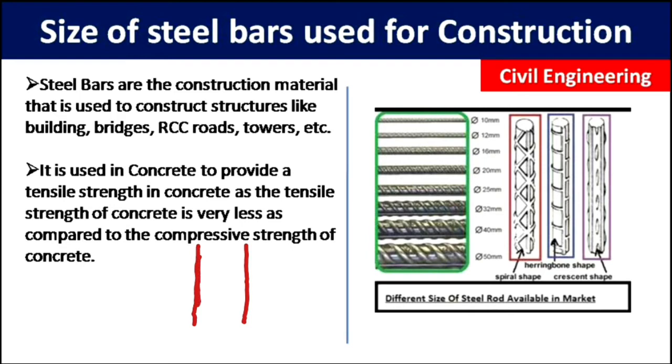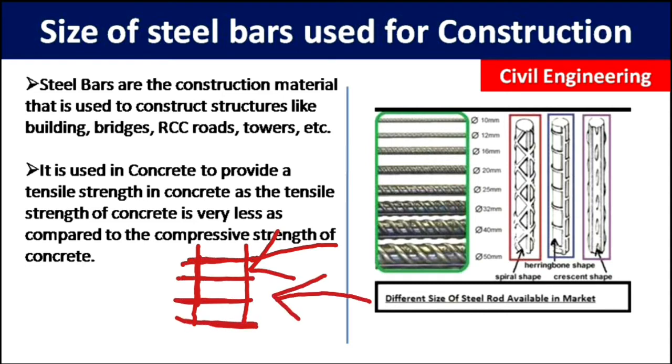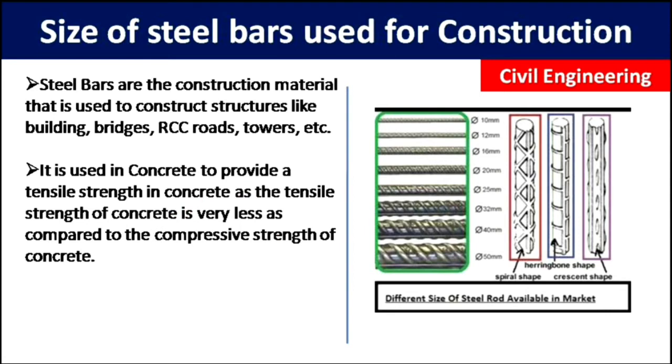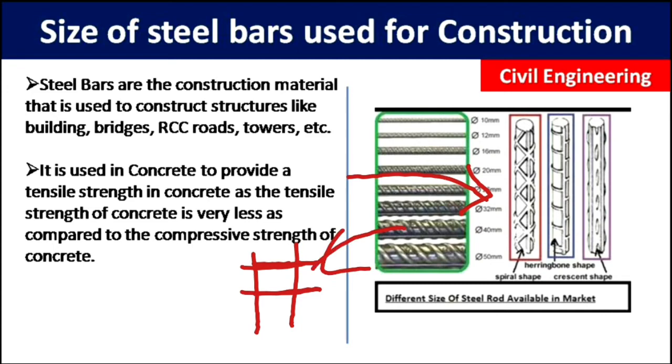If we do not provide steel rod, then it may fail due to the tension force. But if we provide steel rod in the column, then it will be stronger in both compression as well as tension. So it may not fail under any of the forces, because we have provided steel rod, and the structure has become stronger in compression as well as in tension.